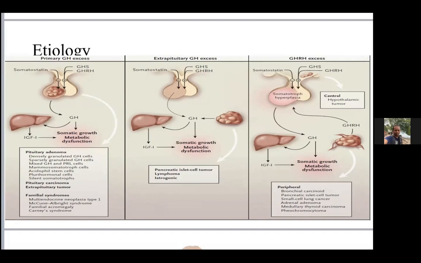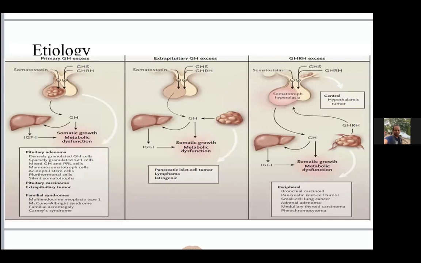So somatotroph cells in the anterior pituitary are stimulated either by a tumor sitting in the pituitary or from a tumor sitting outside the pituitary, like in the islet cell tumors, lymphoma, or lung, or it can be sometimes growth hormone releasing hormone excess, which can stimulate the somatotrophs of the anterior pituitary.